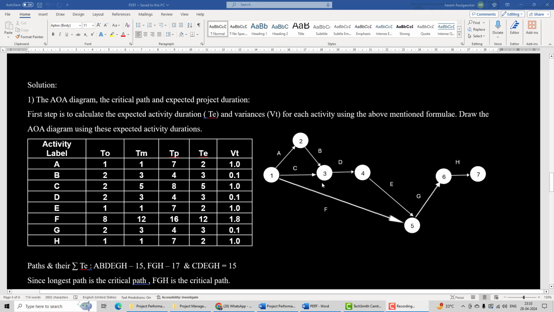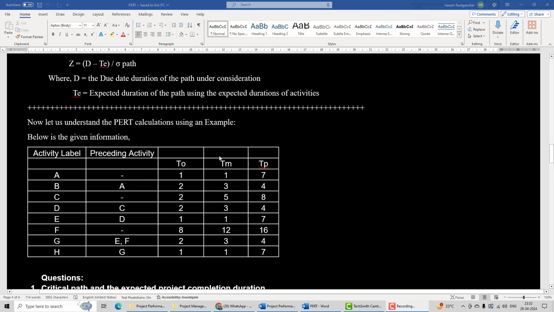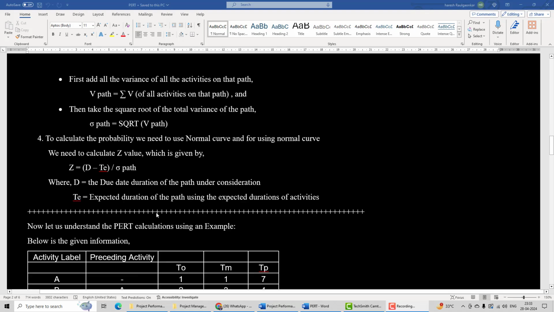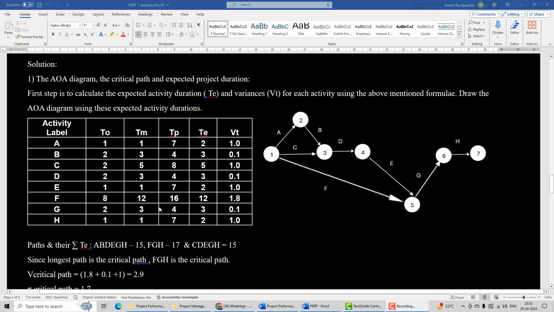The first job is to draw the AOA diagram, but before we draw it, we need to calculate the TE and variance using the above formulae, that is (a + 4m + b)/6 and ((b - a)/6) the whole square. That is done here, and for all the activities we got TE values and variance values.